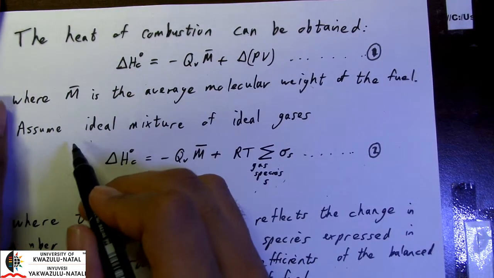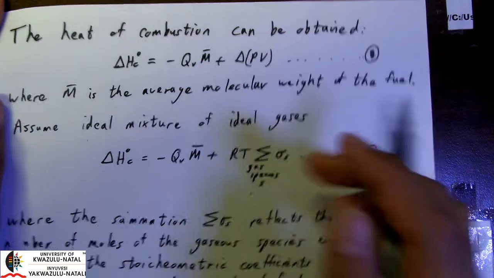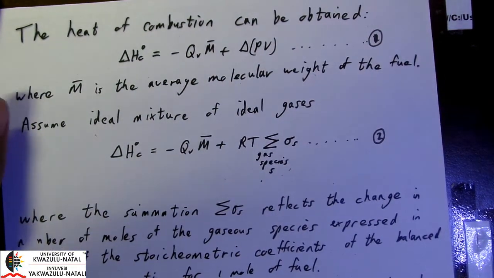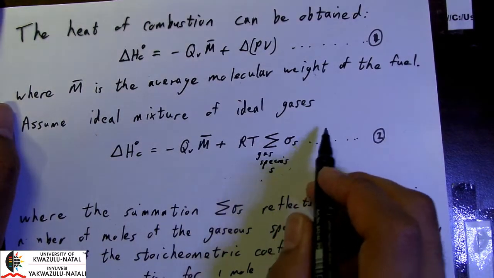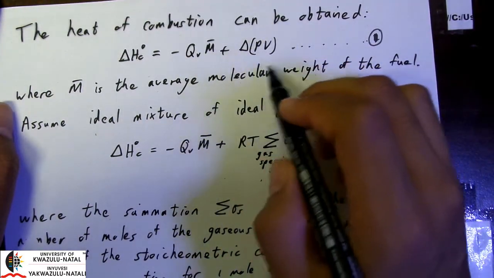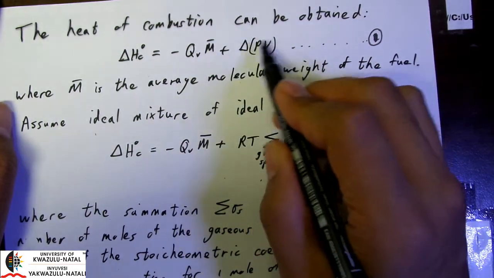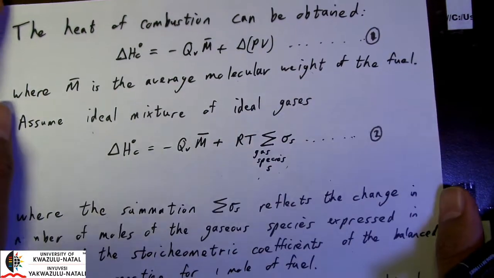Okay, now if we assume an ideal mixture of ideal gases, and this is in the case of using natural gas, for example, we have the following. Okay, so for any fossil fuel, we have negative QV times m bar plus delta PV. Okay, and that's pressure and of course volume.